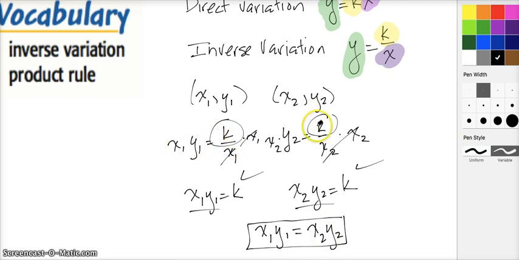That was if they vary in the same way, if they're a part of the same inverse variation, not indirect. So that's the product rule. The product rule basically says if you know that these 2 points have an inverse variation, and the k value is the same, then x sub 1 times y sub 1 is equal to x sub 2 times y sub 2.